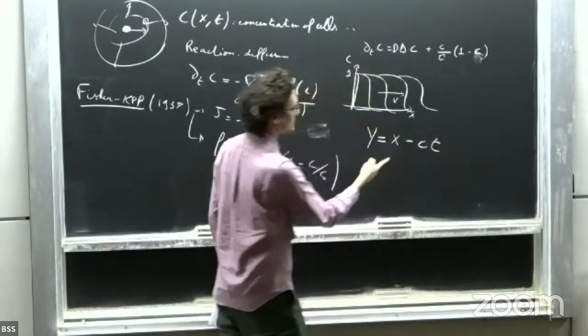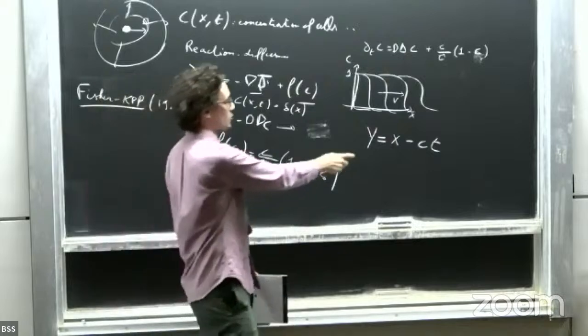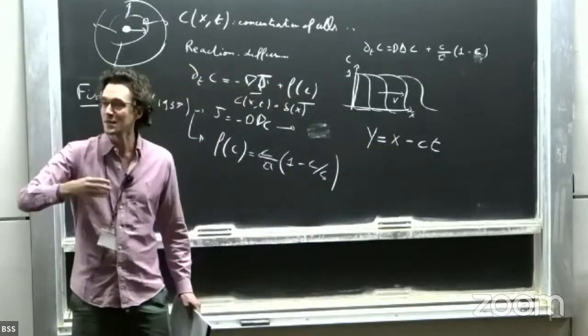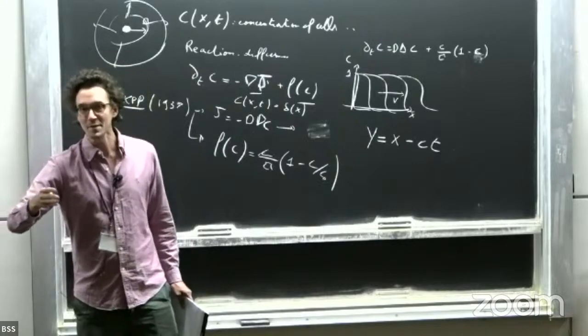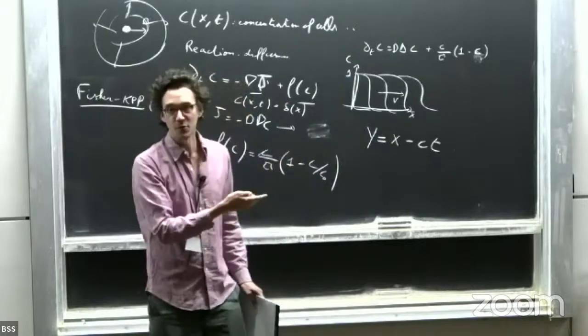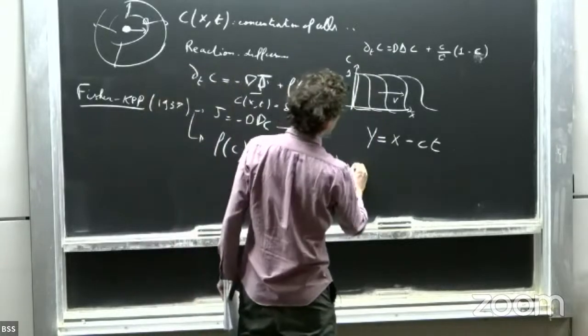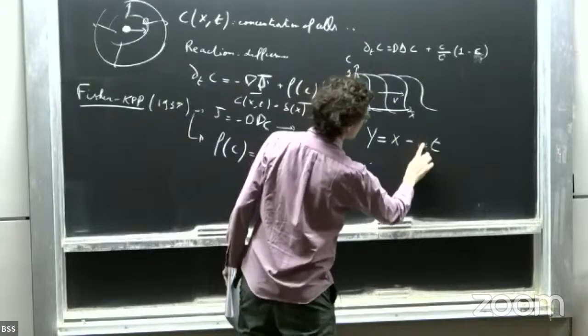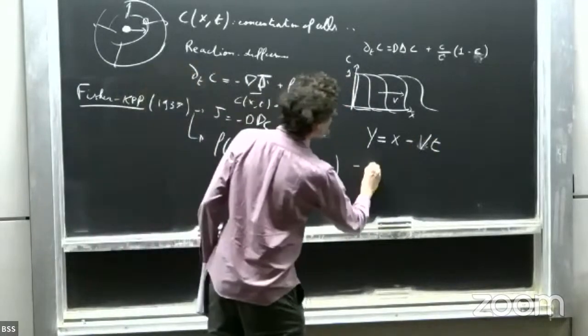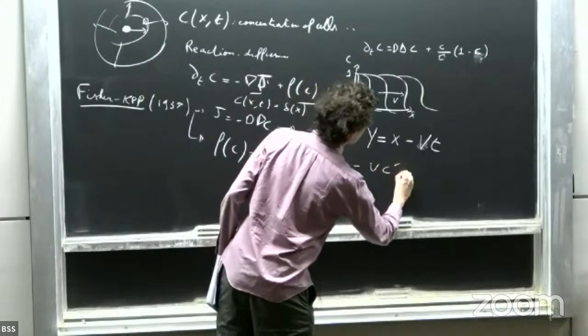I can have a collective coordinate y, which is just x minus ct, c being the speed of propagation of my wave. If I have a traveling wave, I can express everything as a function of just y. So if I re-express this equation, and I'm not going to write c, it's very confusing, v is the speed of propagation.